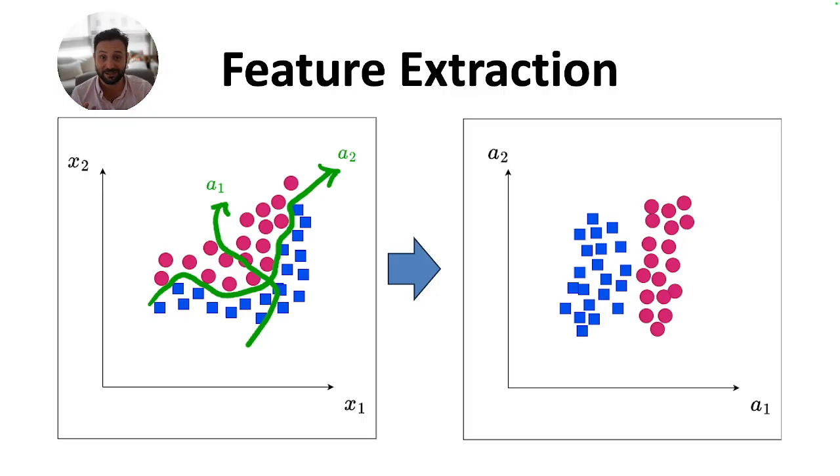And if I look at the data from the perspective of a1 and a2, which is nonlinear from my original observation, it is very functional in that space in terms of linear separability.